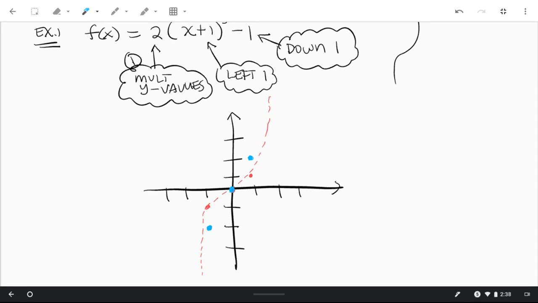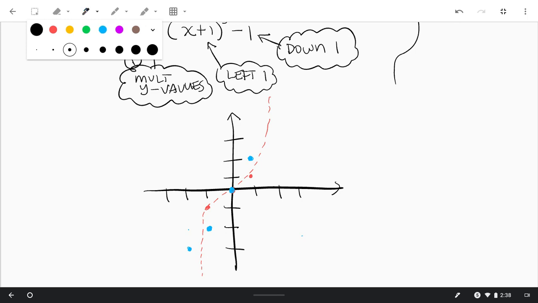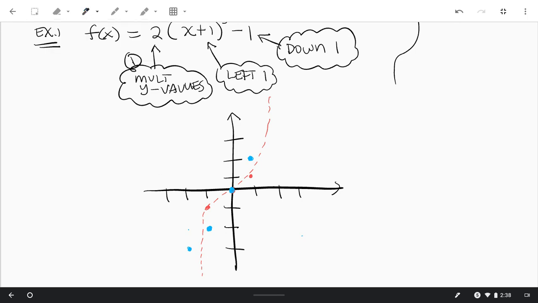This bottom blue point will become, let's see, left one, down one. Okay, so this blue point will go left one, down one over here.